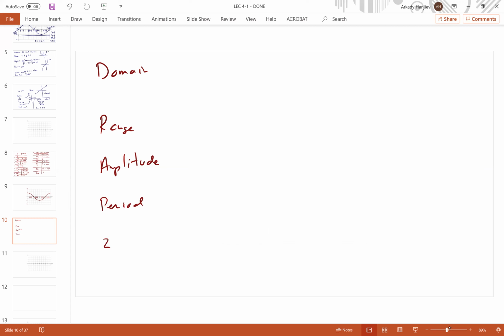Then we have to figure out how to do the zeros. And is it even or odd? So there's our little descriptions for our trig functions here. You guys can start filling them out if you're comfortable enough to do those. And look at what we did for sine.